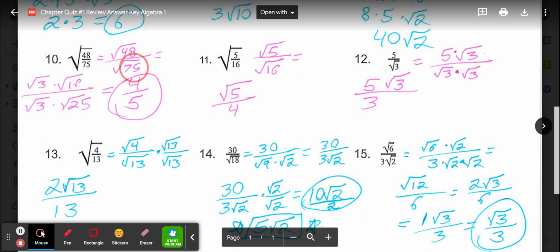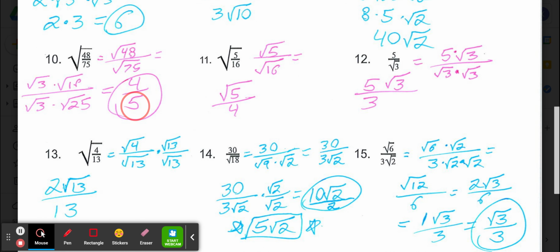And on bottom, square root of 75 is square root of 3 times square root of 25. The square root of 3 on top and bottom would cancel. The square root of 16 is 4. Square root of 25 is 5. So our final answer is 4 over 5, or 4/5.